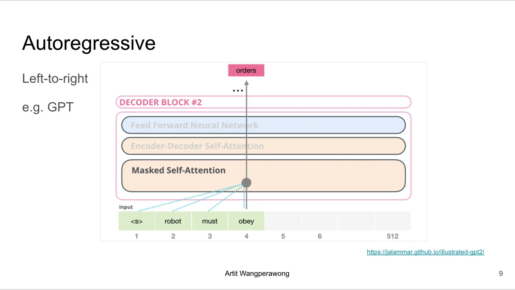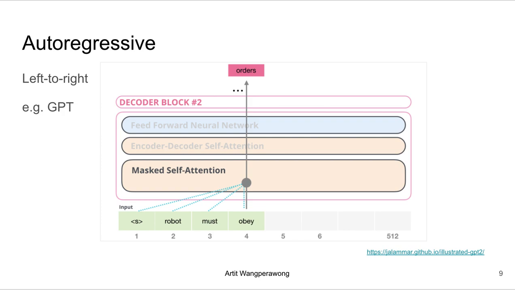Next, let's discuss autoregressive pre-training. Autoregressive pre-training refers to this left to right model, and GPT is a very well-known implementation of autoregressive pre-training, where what we do is we have a masked self-attention on the decoder side, in the decoder blocks of a transformer, and this masked self-attention prevents each token from attending to tokens on the right.